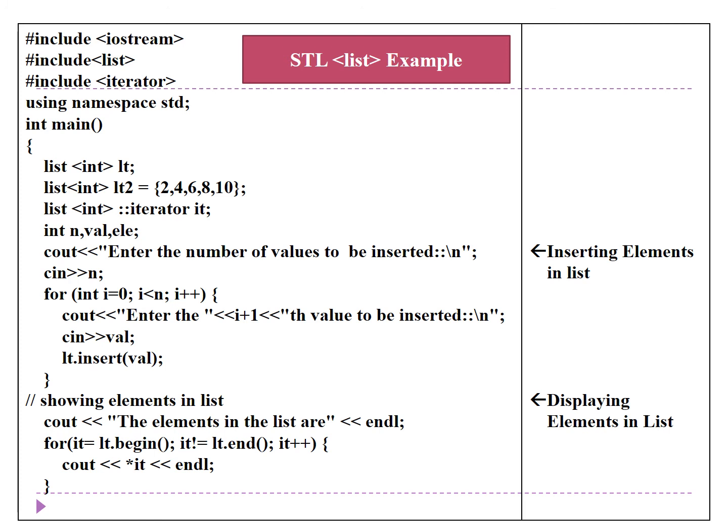LT2 is also an object of list which holds data values of data type integer, but it is initialized during its creation with values 2, 4, 6, 8 and 10.